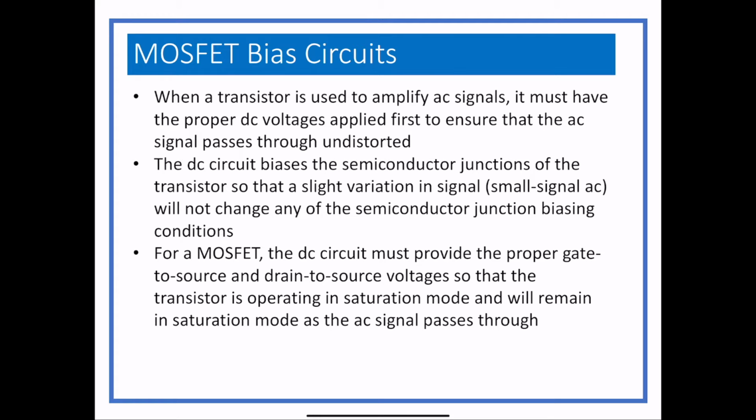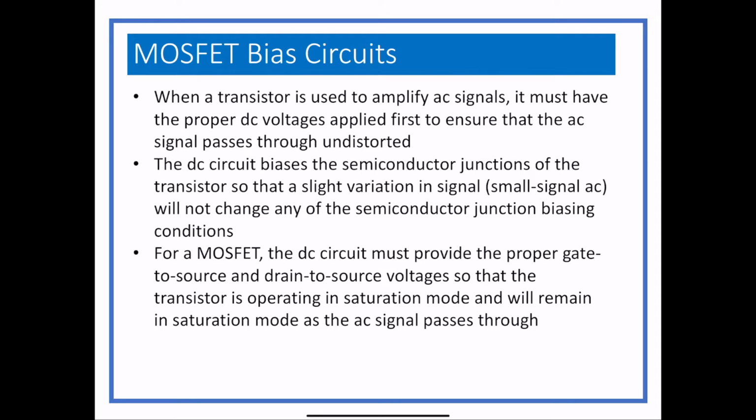With MOSFETs, we have to have the proper gate-to-source voltage and drain-to-source voltage. The reason is that the input of the AC signal usually comes in at the gate, which means it's going to make VGS change a little bit, and it can't change it away from the situation in which the circuit is in saturation mode.